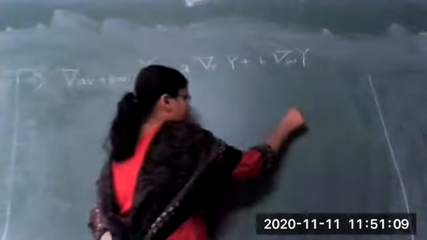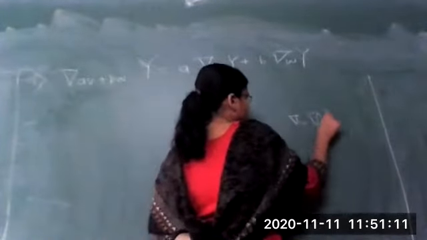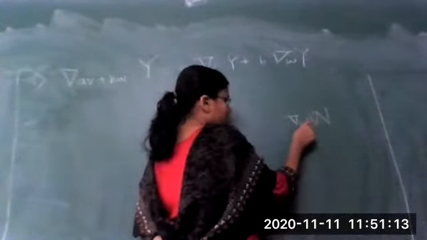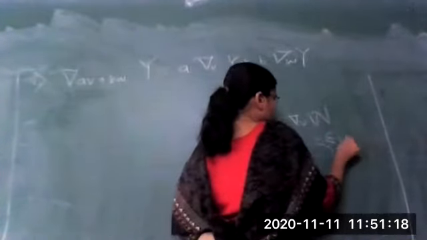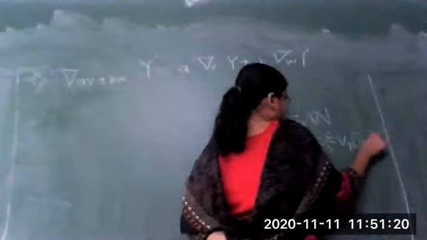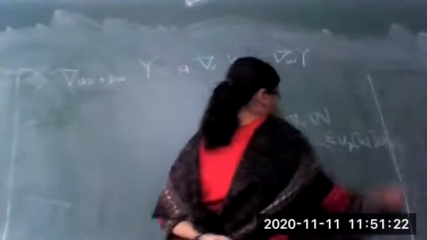Now what we know about del V W is nothing but summation over i Vp Wi Ui, that we have proved just now. What is del V W? That is the covariant derivative of a vector field W in the direction of a tangent vector. We have proved it is summation over i Vp Wi Ui at a point P.